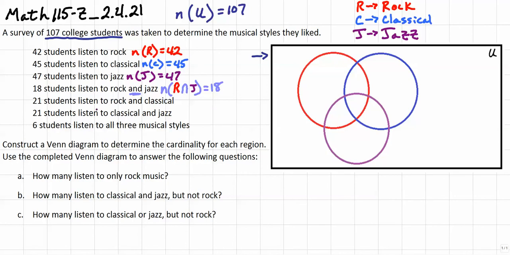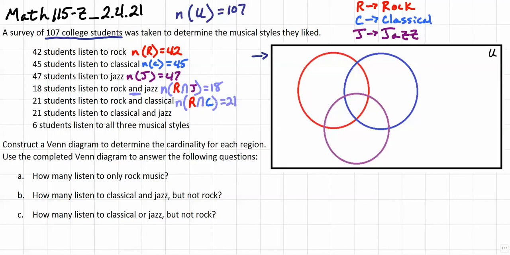Next, we look at 21 students listen to rock and classical. So we will write that as the cardinality of rock intersect classical. And that value will be equal to 21.